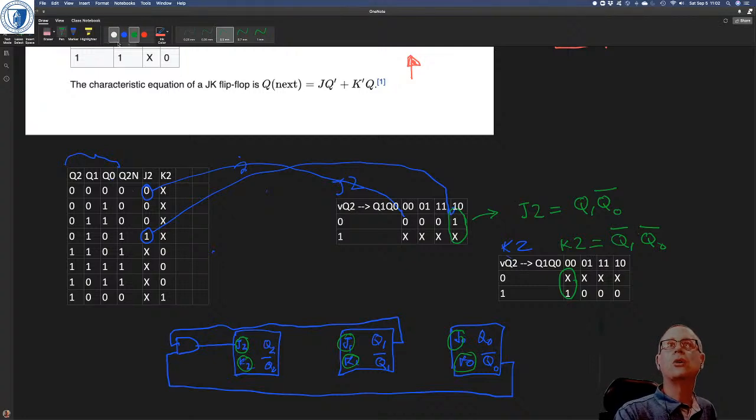So then we can draw up the input here for K2, and we already have a line for Q0 bar. We also need to bring over Q1 bar. Anyway, that's a bad line, but I hope you get the idea.